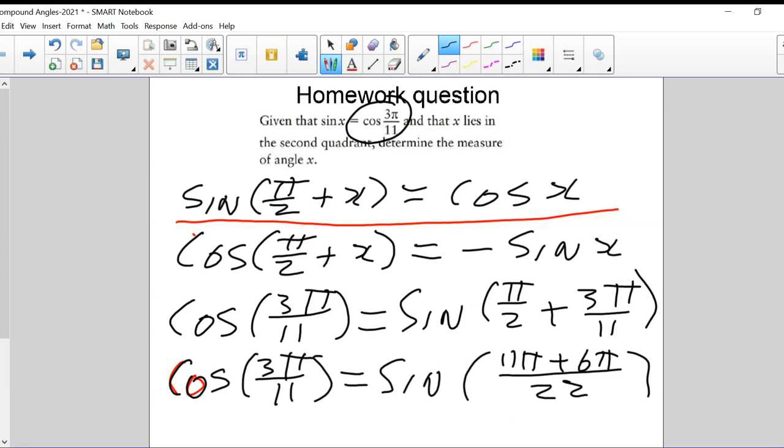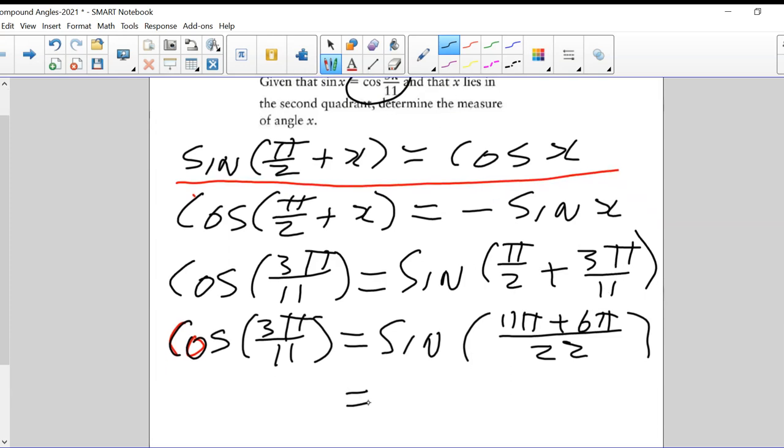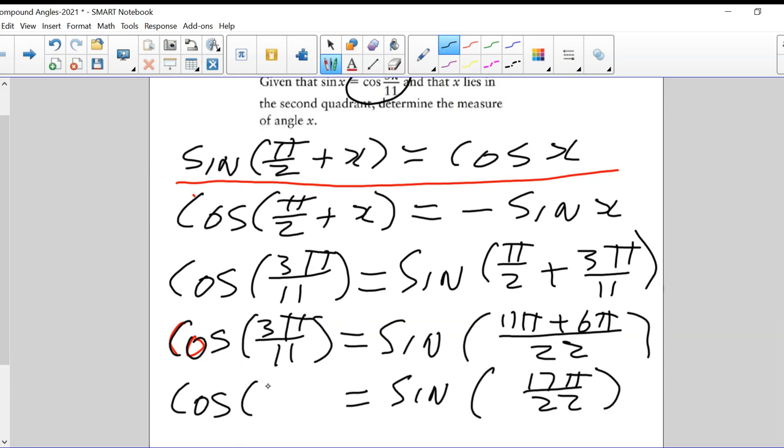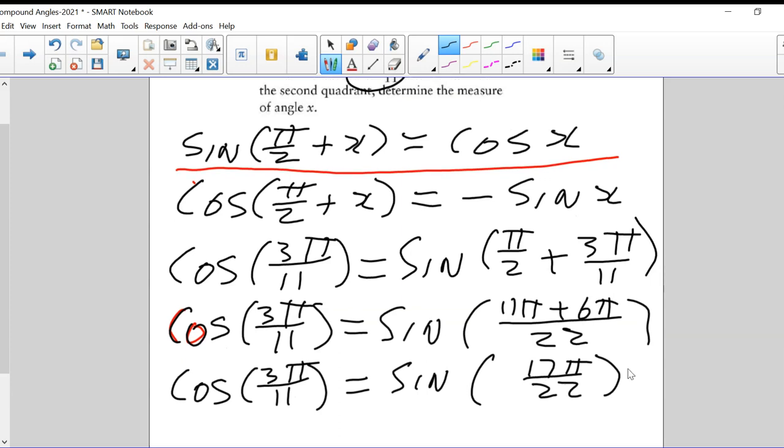Right, so just making sure everybody follows what I just said. 2 into 22 is 11. 11 times pi is 11 pi. 11 to 22 is 2. 2 times 3 is 6. So that's 6 pi. Okay, so that means that that's equal to the sine of, that looks like 17 pi over 22. So the cosine of 3 pi over 11 is equal to the sine of 17 pi over 22.